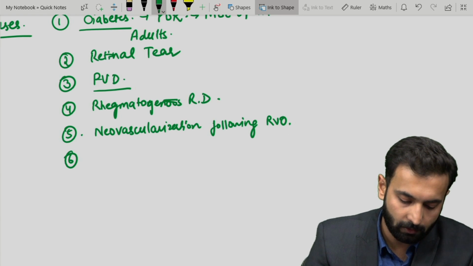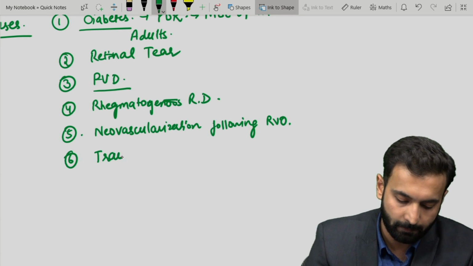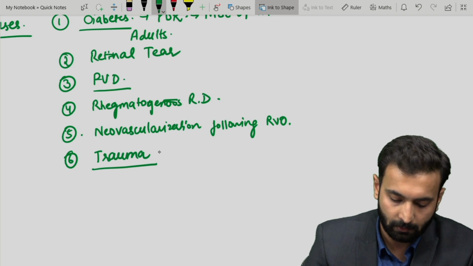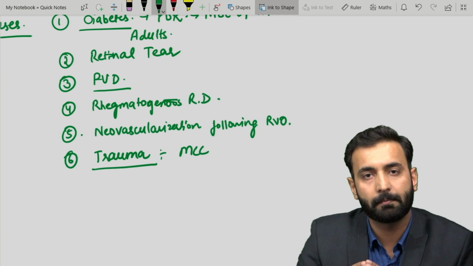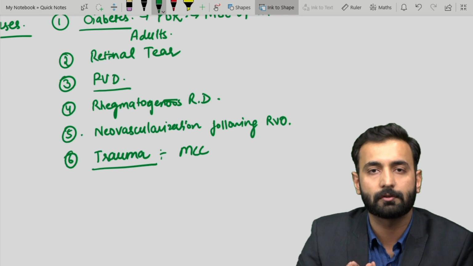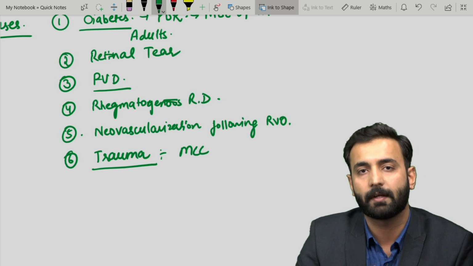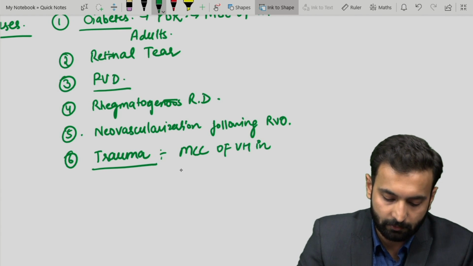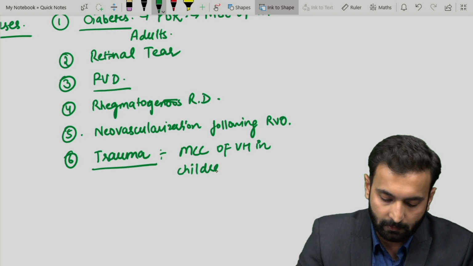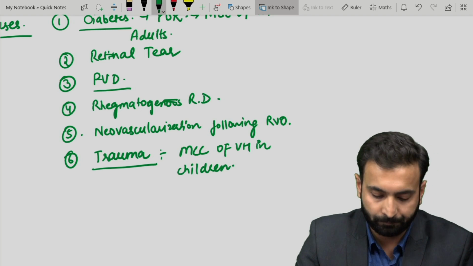And the last cause and the important one you should keep in mind is trauma. Just remember, the most common cause of vitreous hemorrhage in children is trauma, whereas in adults it is proliferative diabetic retinopathy.